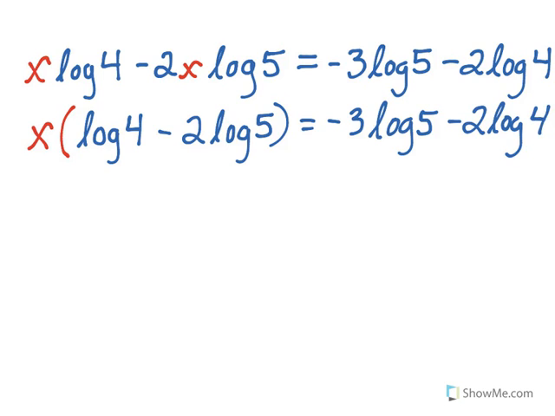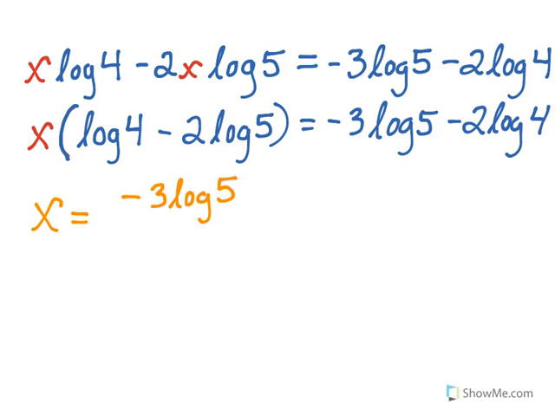Okay? The good news is that all we need to do now is just divide out what's in those parentheses, and then the x will be isolated. Okay? So we're going to go through and divide, and that's going to give us this. We're now going to have x is equal to negative 3 log 5 minus 2 log 4.